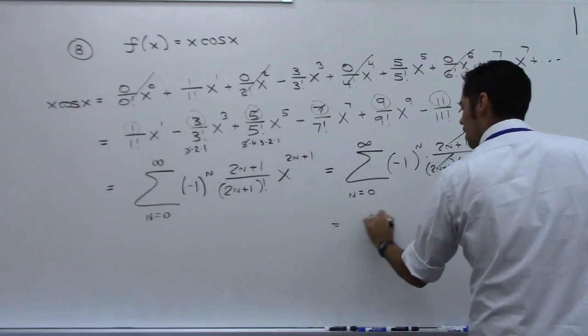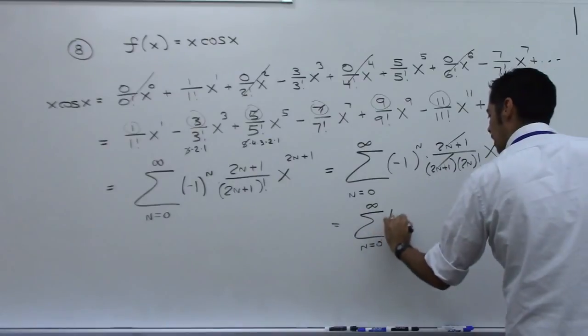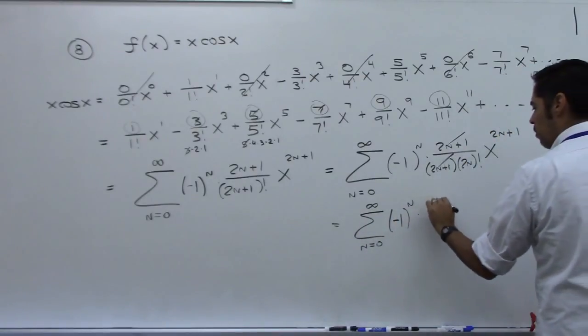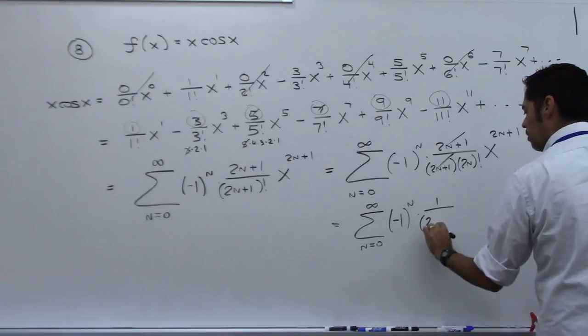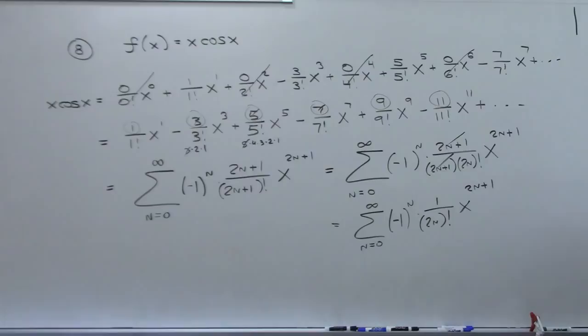So we get the sum from n equals 0 to infinity of negative 1 to the n, and then that cancels, so I have 1 over 2n factorial x to the 2n plus 1. Ratio test on this, if you did it, radius would be infinity.